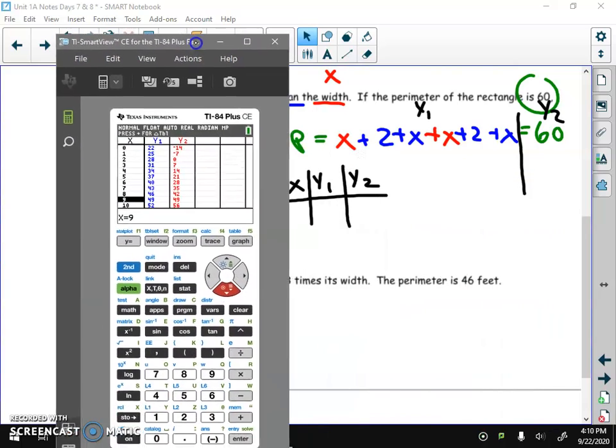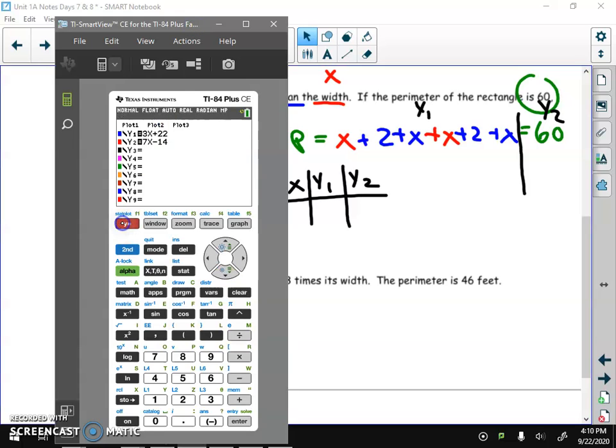I'm going to put it on this side. Y equals, clear and clear. Be careful. X plus 2 plus x plus x plus 2 plus x. Red, blue, red, blue. I got it. Y2 is now 60.